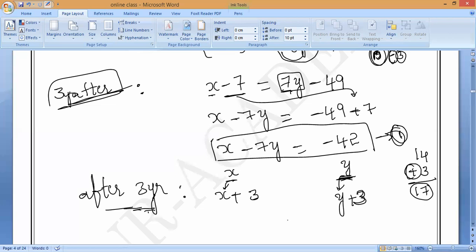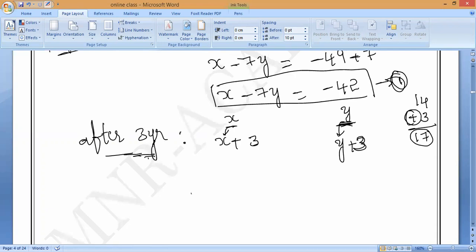Next, the given condition is, after 3 years, father's age is 3 times the daughter's age.